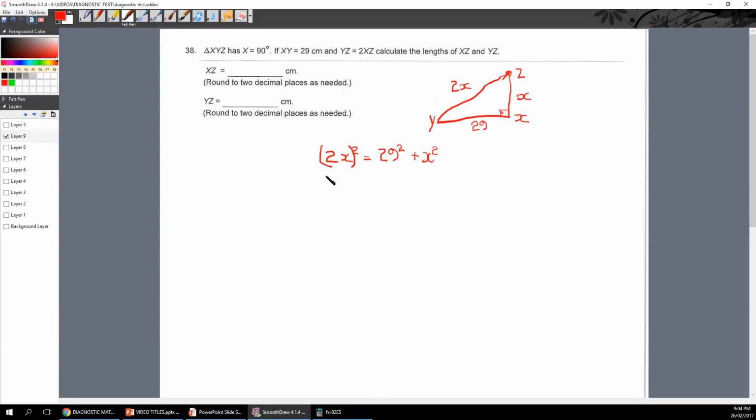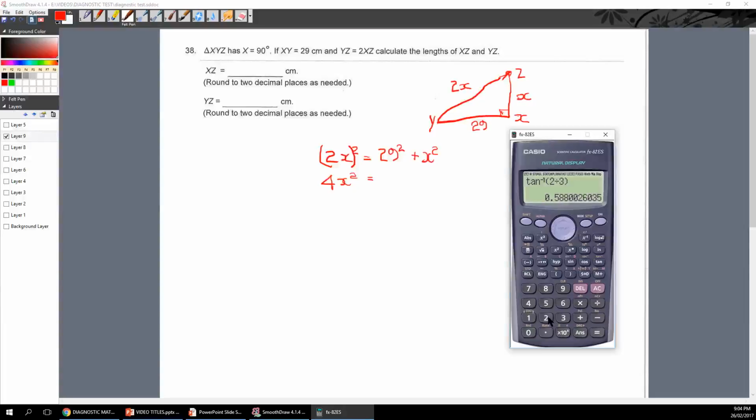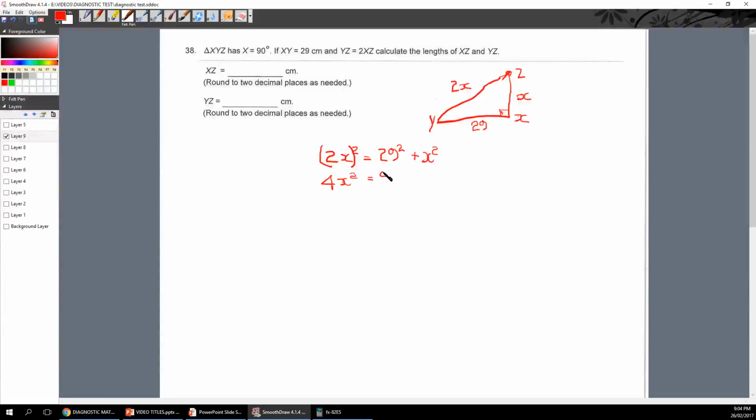All right, so working that out, we get 4x squared equals 29 squared, 29 times 29, which is 841, plus x squared. Okay, plus x squared.